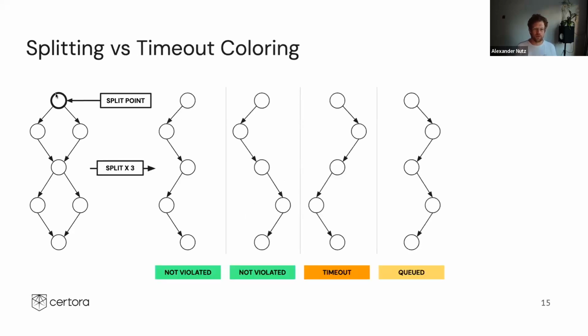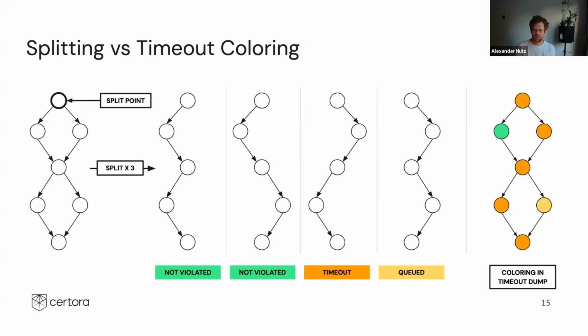So actually, after splitting three times, we might end up with these four subproblems, right? And if we got unsat, not violated, on these left two, and timeout on the third one, and queued on this last one, then the coloring would look like this.